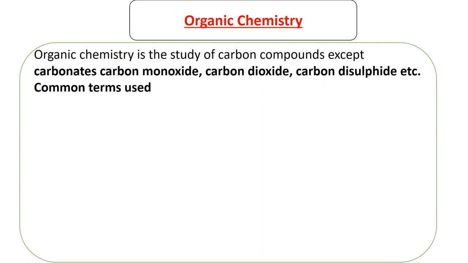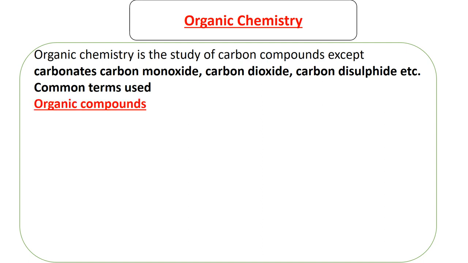So we're going to start with some of the common terms that are used, and we're going to go deep into some terms so that we understand them fully as we venture on this topic.